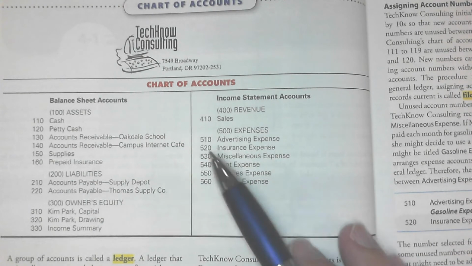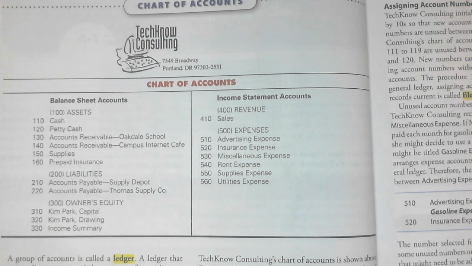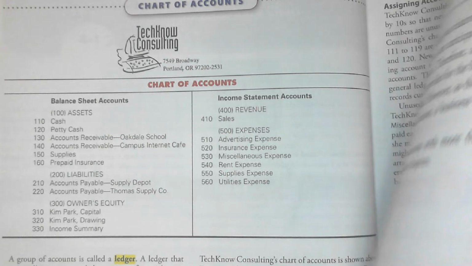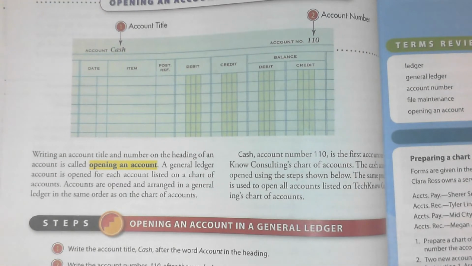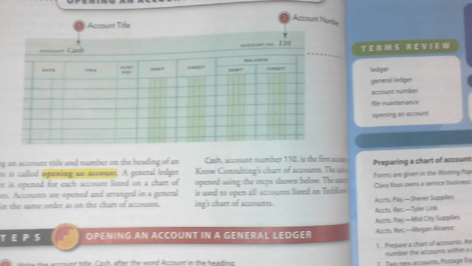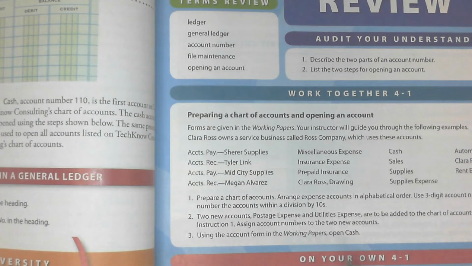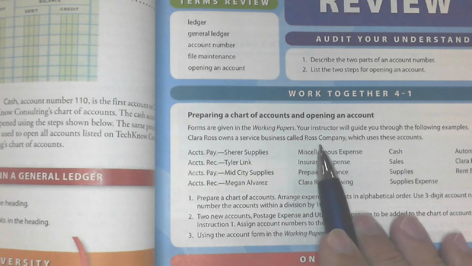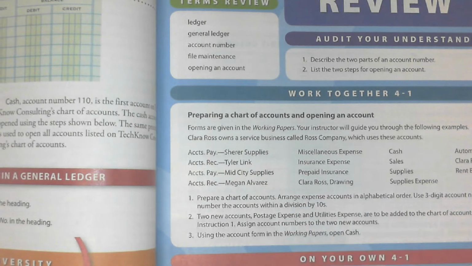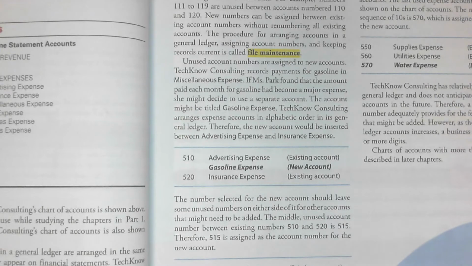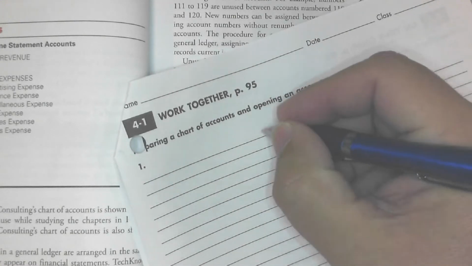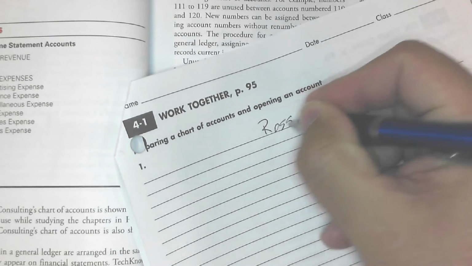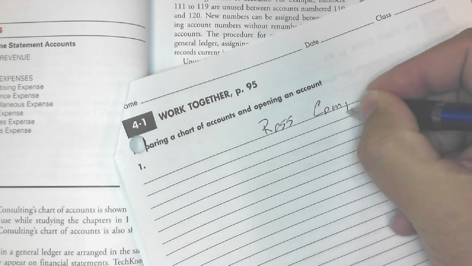So here's our example. I'll go back. Looks like the name of our business is called Ross Company. There's no address or anything in there to worry about. So we'll start at the top: Ross Company.